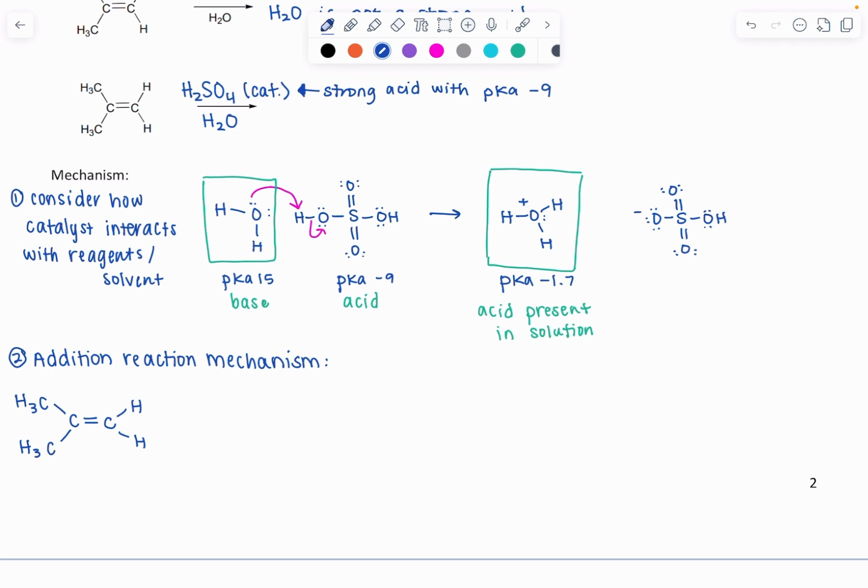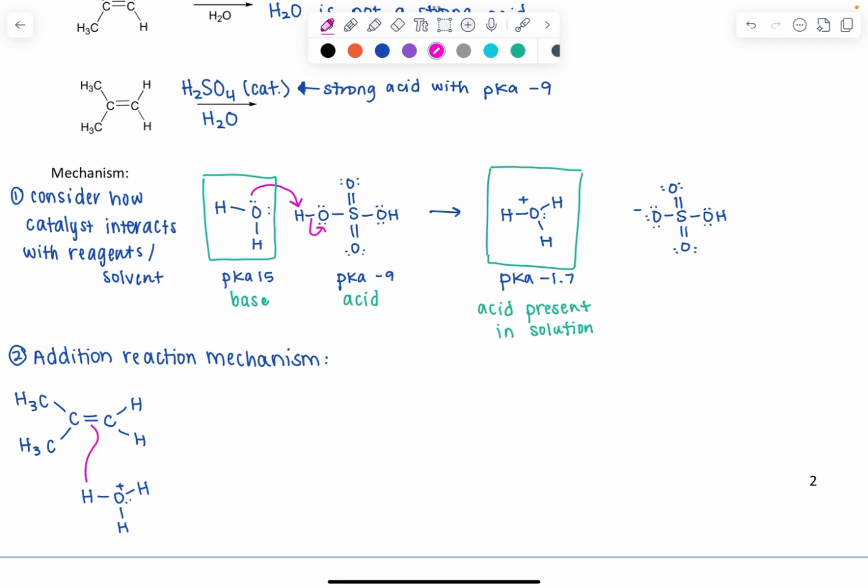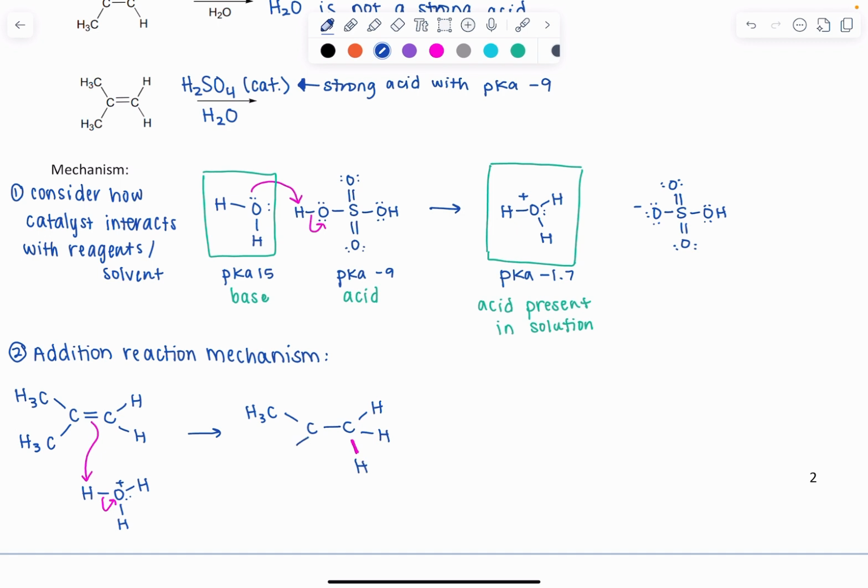The first step, just like when adding HBr or HCl or HI, is adding that hydrogen. We need hydronium, the stronger acid version of water, to give that hydrogen. So here's our first step. Electrons in the double bond take a hydrogen. Those electrons go back to oxygen. Just like the previous reactions, that hydrogen gets added to the carbon with more hydrogens so that we form a more stable carbocation.